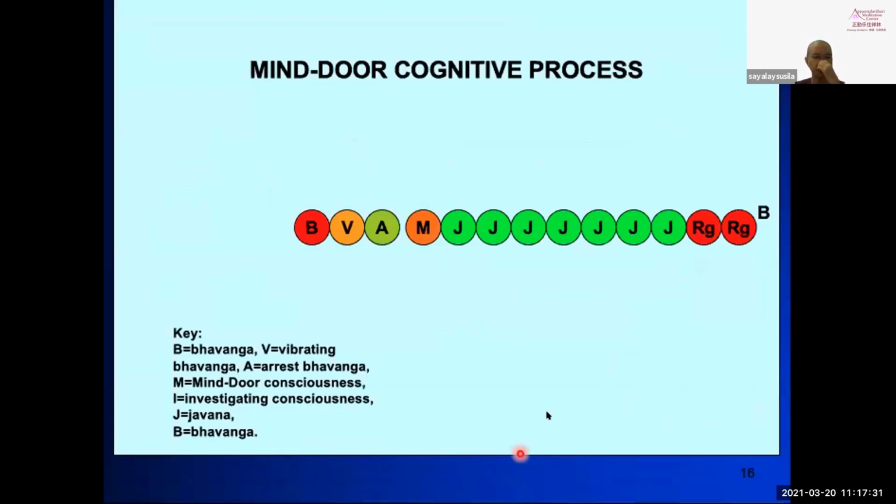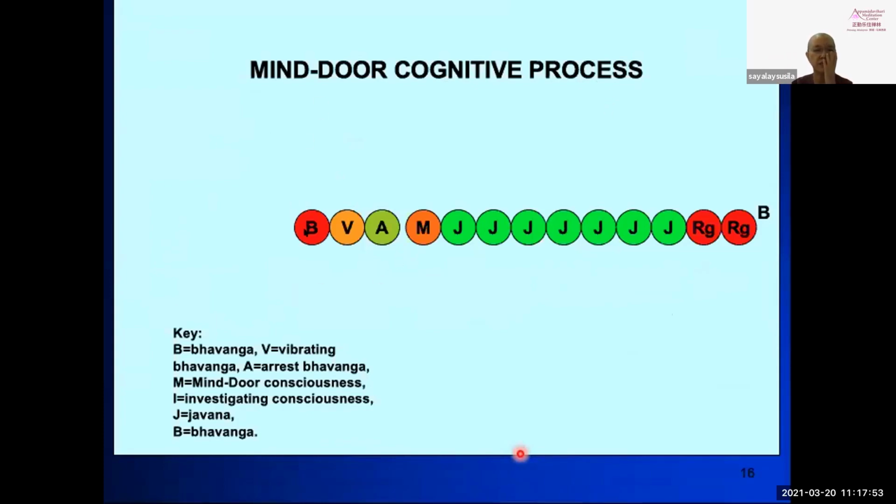So in order to see the object more clearly, we need many mind door cognitive processes. Now I'm going to explain to you the mind door cognitive process. It is a little bit different from the sense door. Here, after the vibrating following the 5 door, the mind falls into bhavanga, then reaches the mind door cognitive process.